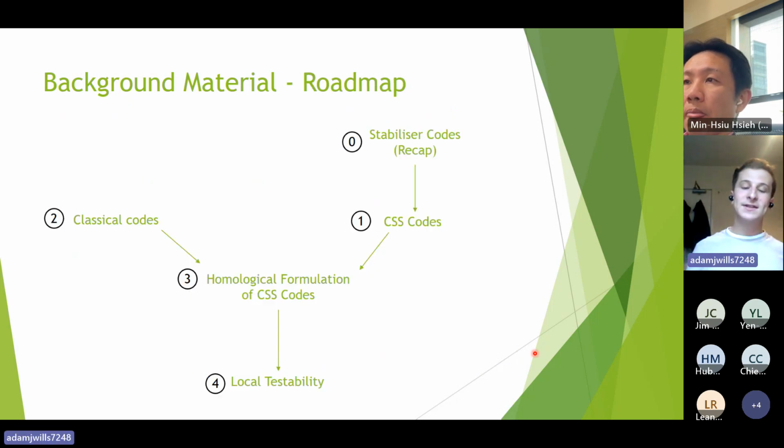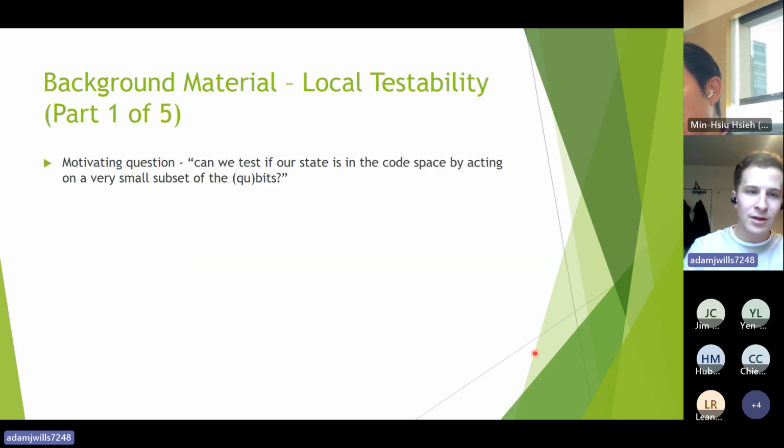So now moving on to local testability, as I mentioned, that's going to be our fourth parameter, soundness, that we're going to care about. Soundness is, roughly speaking, a measure of local testability. So what is local testability? Well, the motivating question behind local testability is going to be this. Can we test if our state is in the code space by acting on a very small subset of the bits or qubits?